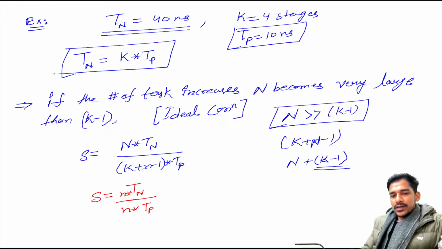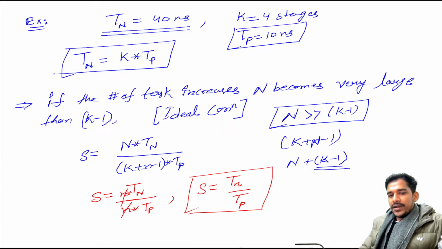So we can cancel out the number of tasks. That means under the ideal condition, the speedup is simply the cycle time in the non-pipelining system divided by the cycle time in the pipelining system. Or you can say the time taken to complete one task in the non-pipelining system and the time taken to complete one task in the pipelining system. And this is under the ideal condition.